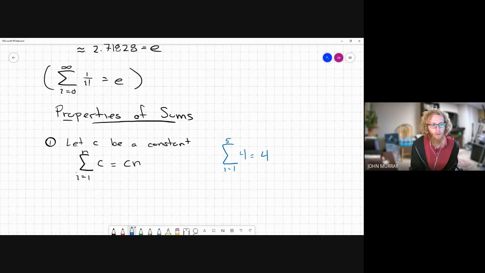So my first term would be 4, my second term would be 4, right? And I do that 5 times. So I just multiply whatever the n is times that constant. All right, so that's a pretty straightforward one. Again, if you're just finding the sum of a constant, then you just multiply the upper limit times the constant.